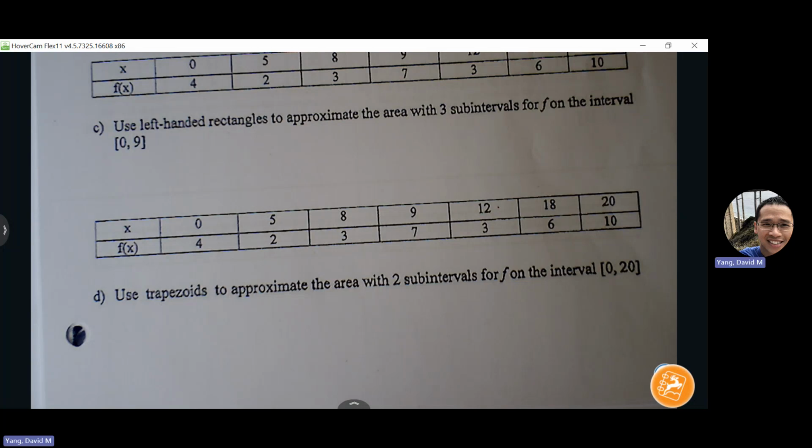This spans across 4 ordered pairs. This spans across 4 ordered pairs. So the width here is 9. The width here is 11. So you got the formula, 1/2 times 9, times 4 plus 7, and then 1/2 times 11, times 7 plus.